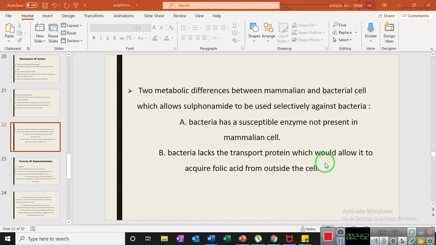Crystalluria can be termed as the main toxic effect, while the allergic reactions or this type of reactions can be considered as the side effect.